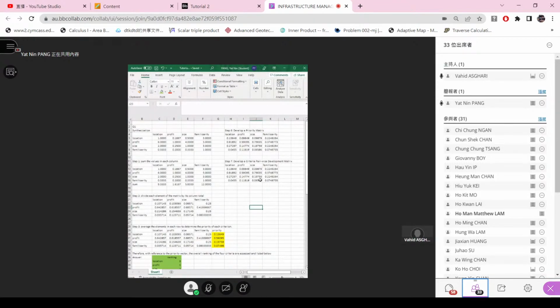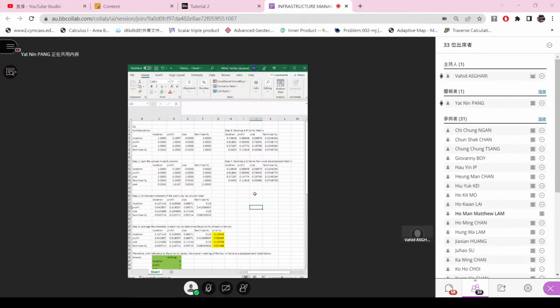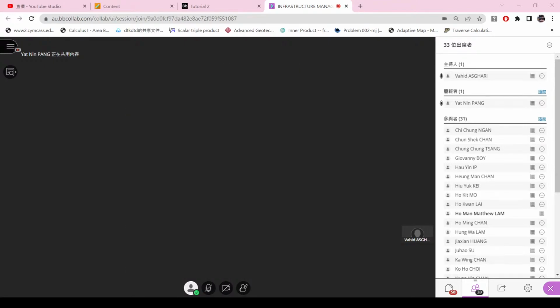What is the consistent ratios overall ranking of the 4 criteria? Let me check. This is step 7, right? You found step 7? No, I haven't. I do nothing in the current step 7. I just copied the step 6 result in it.